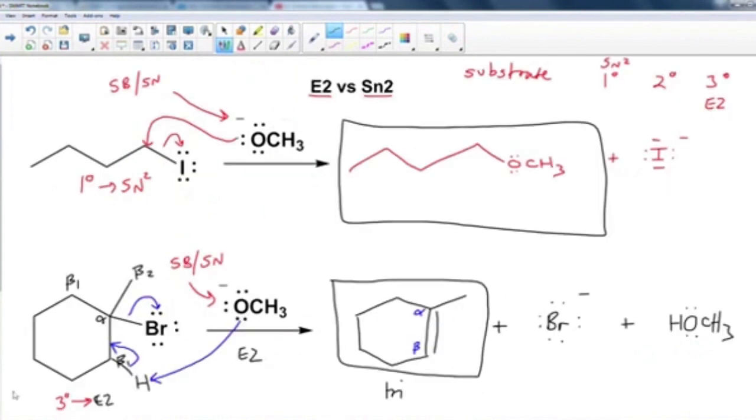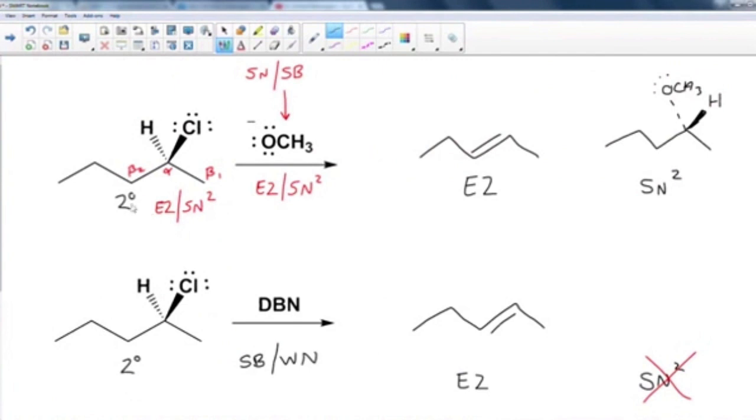So to summarize, we're talking about strong bases and nucleophiles here. With a primary alkyl halide and a strong base and nucleophile, SN2 is favored. For a tertiary alkyl halide with a strong base and nucleophile, elimination is favored, and the rule applies to form the more stable product.